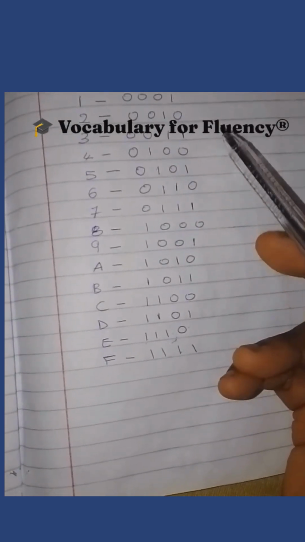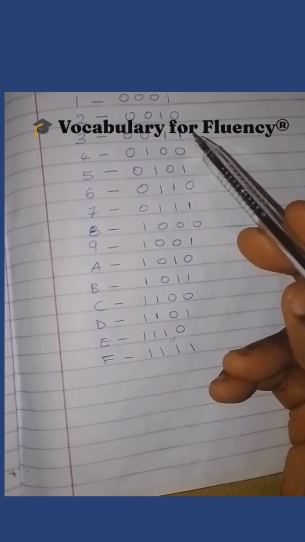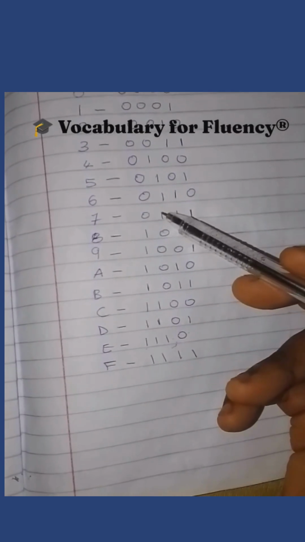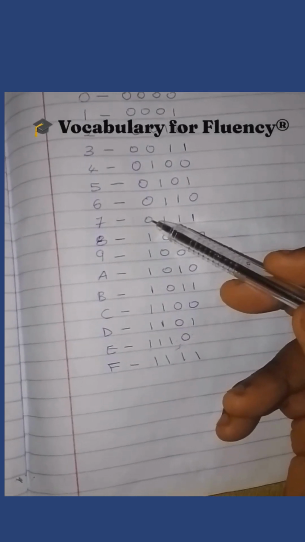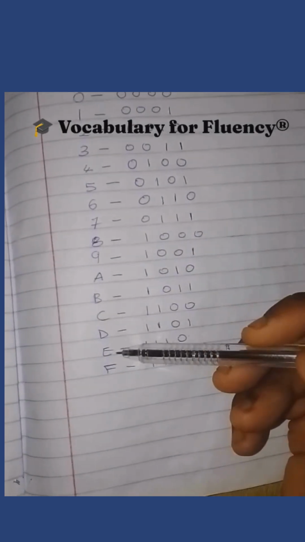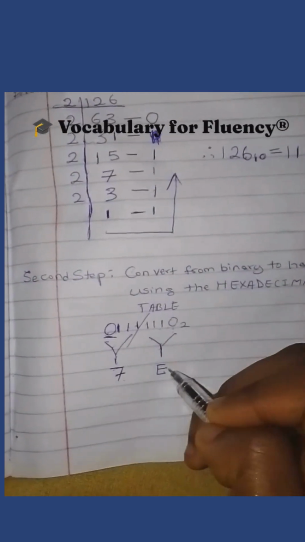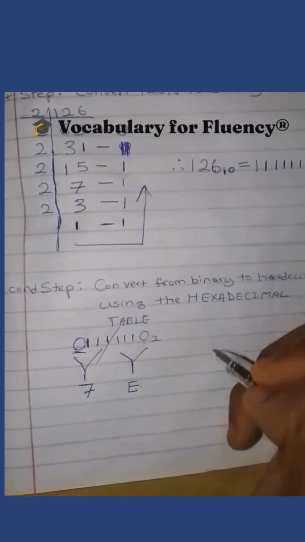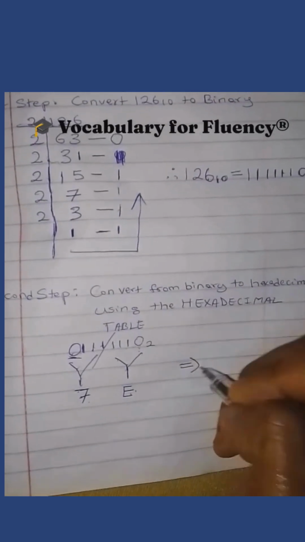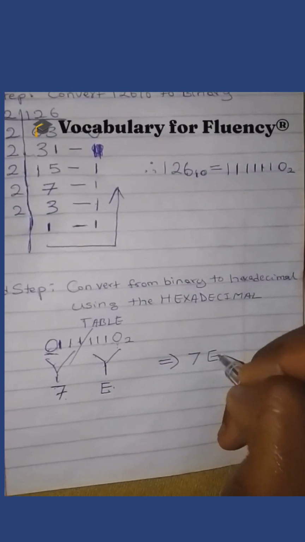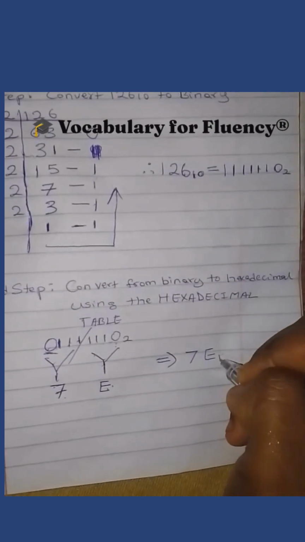That's 3 ones in front before the 0. I think we'll find it here. 1, 1, 1, 0. So we have 7E, which is basically implied to be 7E base 16.